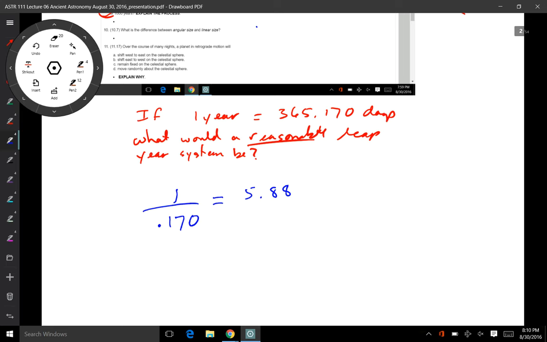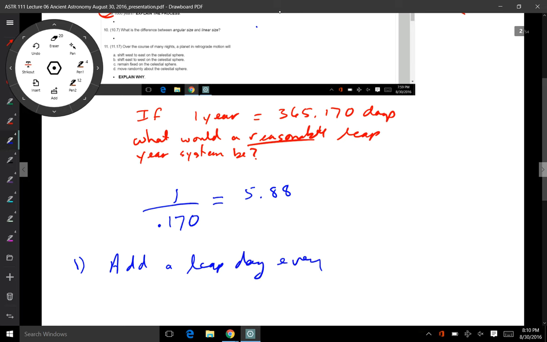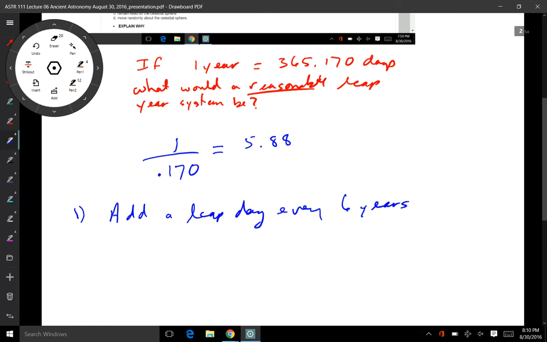Because it's more than 365 days in a year. So I'm going to have to add a day periodically to get better. So my rule number 1 will be: add a leap day every 6 years.